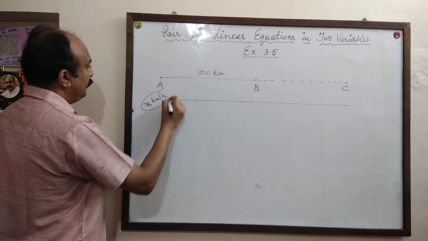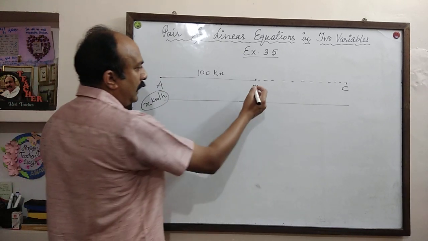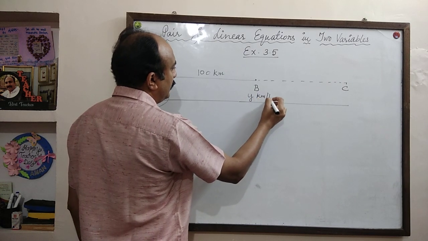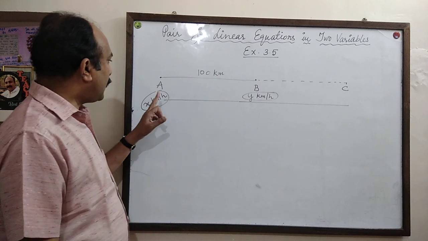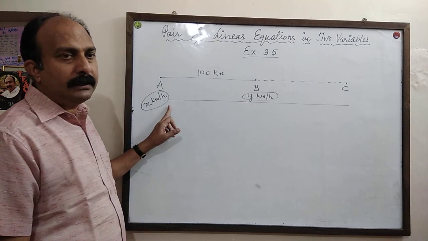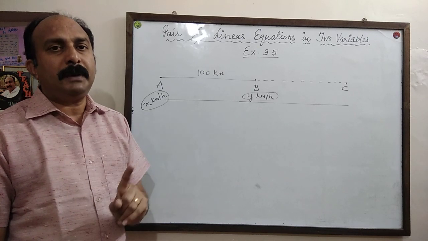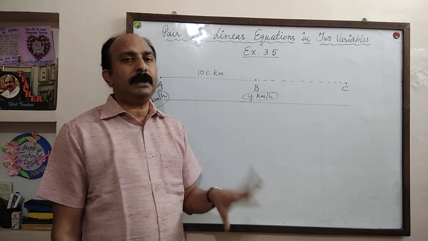Let the speed of car A be equal to x kilometer per hour, and let the speed of car B be equal to y kilometer per hour. Car A is traveling for 5 hours. So what is the distance traveled by car A in 5 hours? Distance is equal to speed into time.